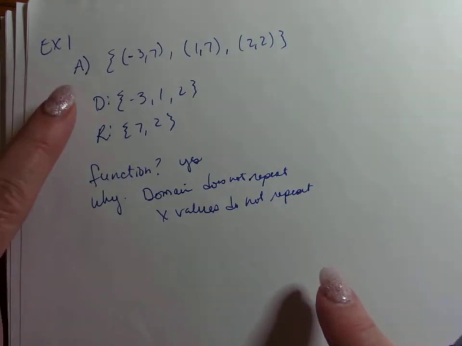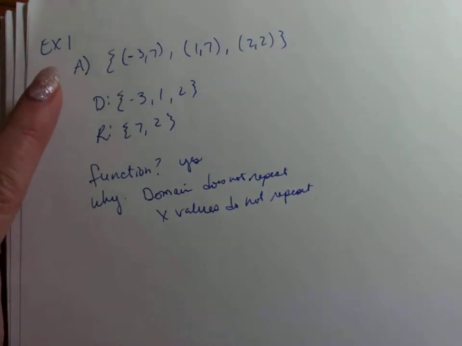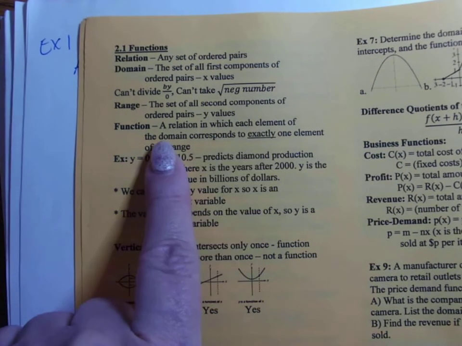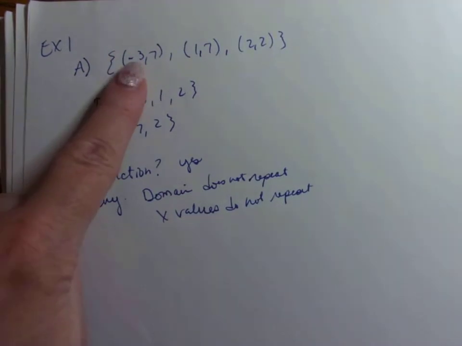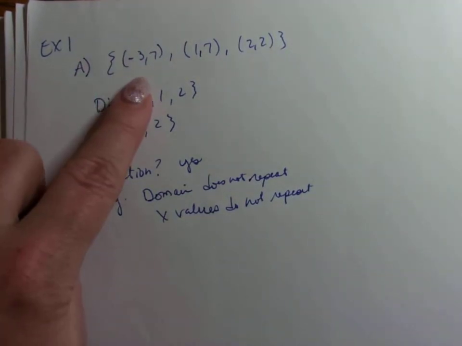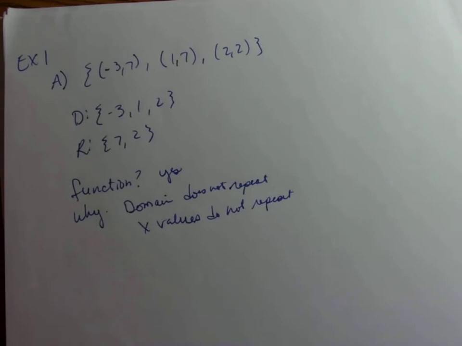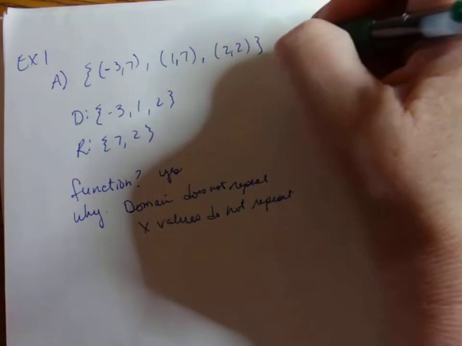Because that's what we're looking for. Remember, the definition of a function is where each element of the domain is paired with exactly one element. So that means it doesn't repeat. Otherwise, if I have 2 -3s in there, then it's not going to be a function because I get 2 outputs. And you'll see that a little more clearly as we look at the second one.